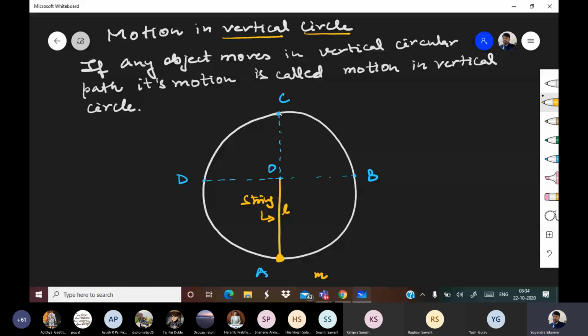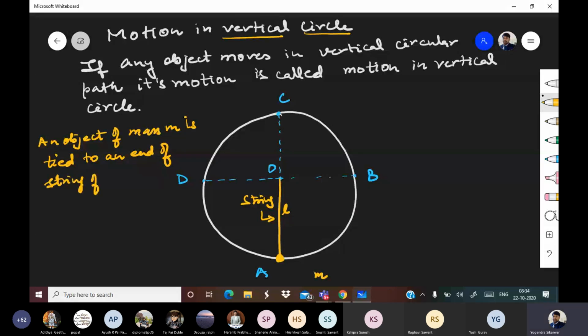Okay, so let me write this. An object of mass m is tied to an end of a string of length L. We can take the length as R also.